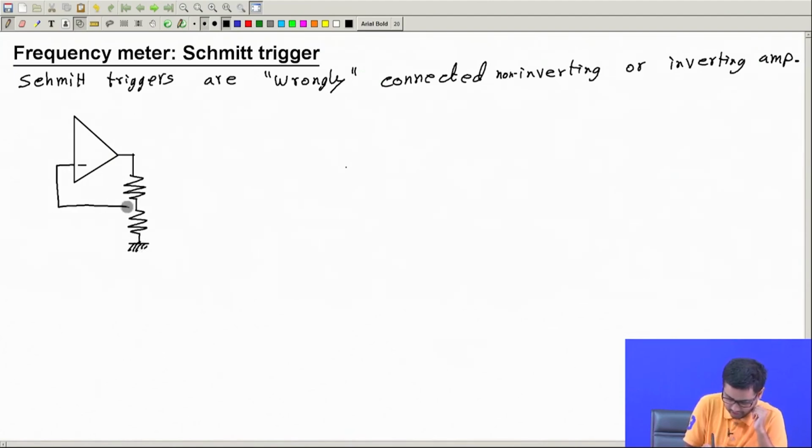So this is a non-inverting amplifier where a fraction of the output voltage VO is fed back to the inverting terminal or minus terminal, and here you give the input, call it Vi.